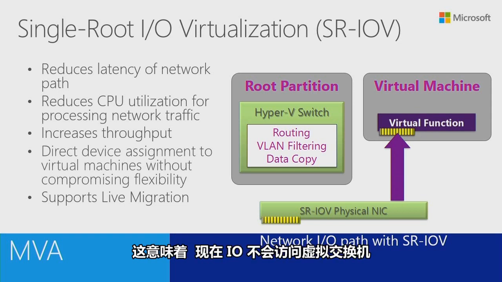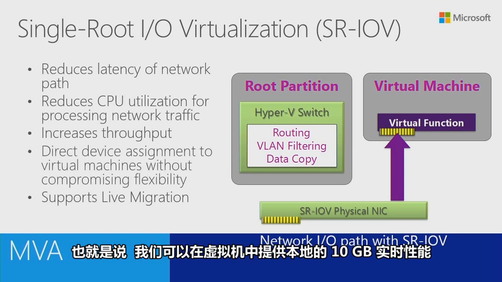So now I/O is not going through the virtual switch, and we can get native 10 gigabit line performance into a VM. This gives us massive performance, super low latency, high throughput. Also, it reduces CPU utilization, because these packets don't need to be processed in the root partition, since the virtual machine is communicating with the physical NIC.